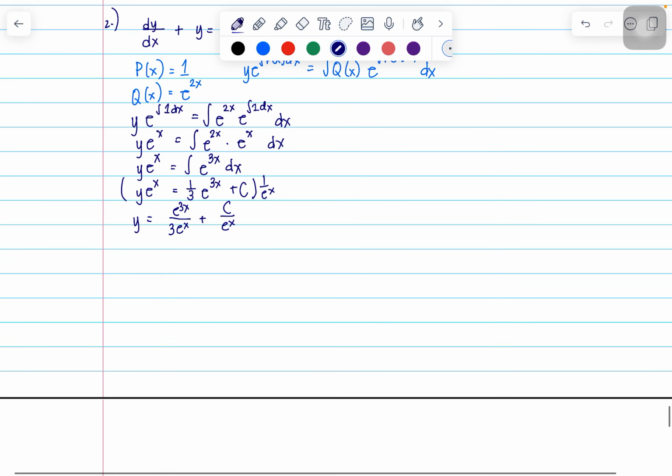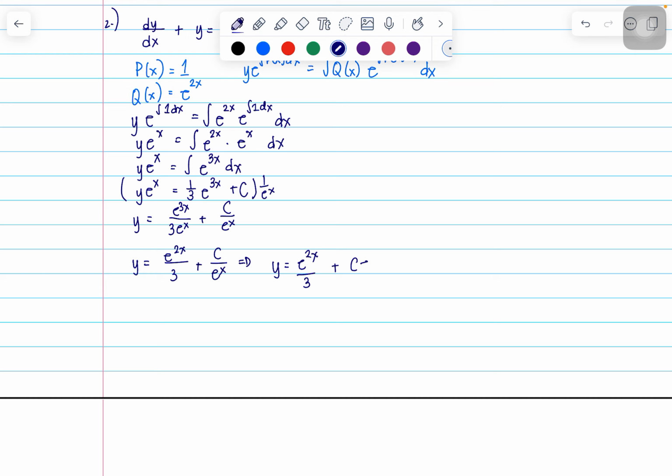So simplifying, we now have y equals e to the 2x over 3 plus c e to the negative x. Now this is your solution to the DE.